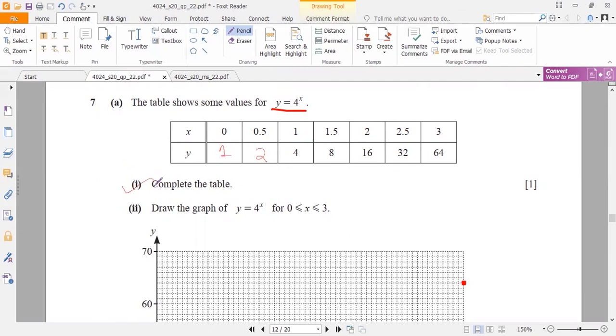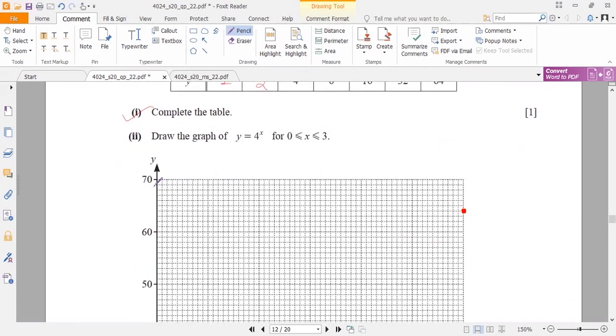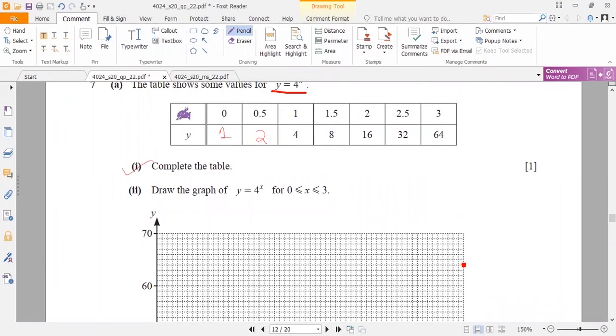Now come to part 2. Draw the graph of y equals 4^x for 0 less than or equal to x less than or equal to 3. So basically we need to plot all these points.